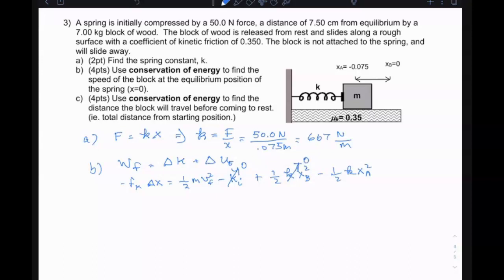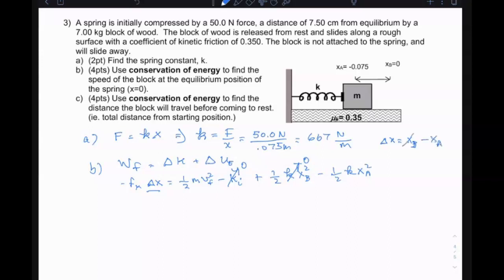And also we should note that delta x over here on the left-hand side is equal to the final position, which is xb, minus the initial position, which is xa.